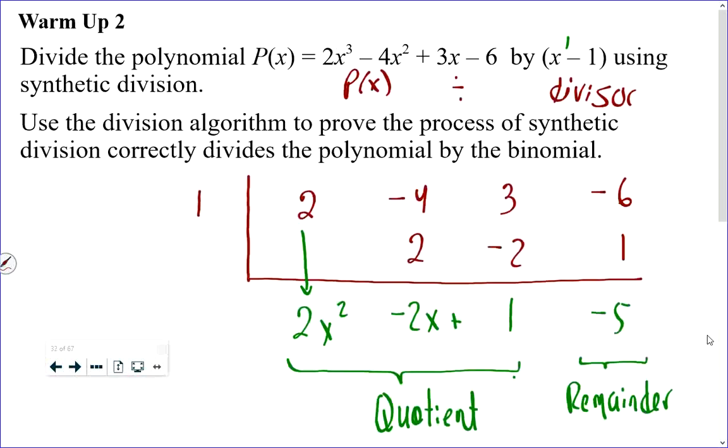So if we go back to this, our value of a is 1. I'm telling you there's a relationship between what you get when you put 1 in for x here, and the remainder of the division.